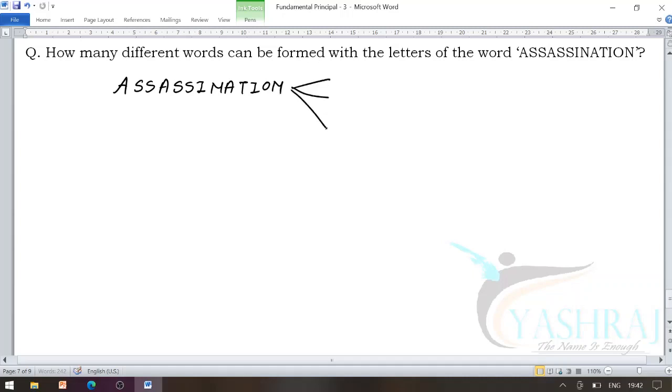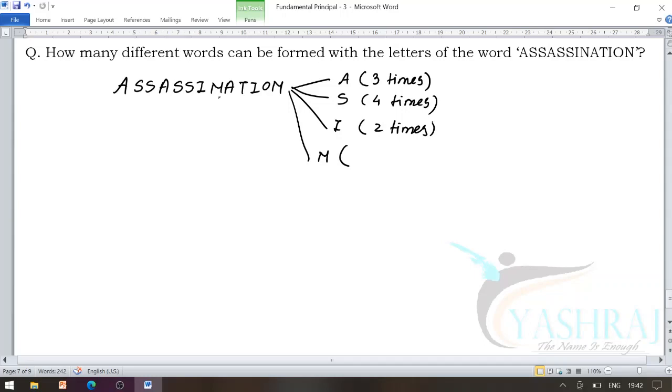So in the word we are having A repeated 1, 2, 3 times, while S is repeated 4 times, while I is repeated 2 times, N is repeated 1 and 2 times, while O occurs once.